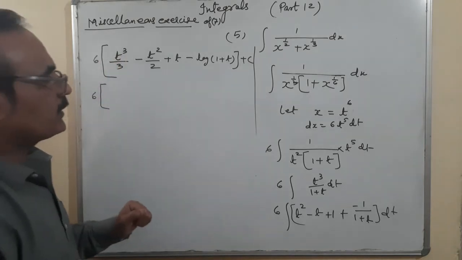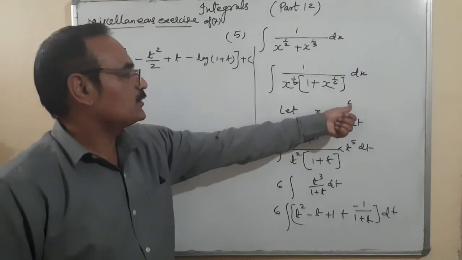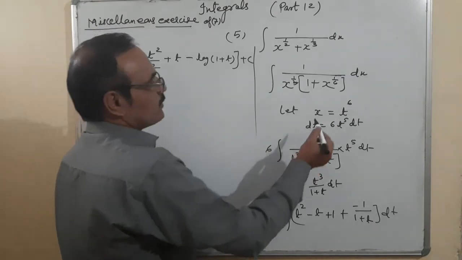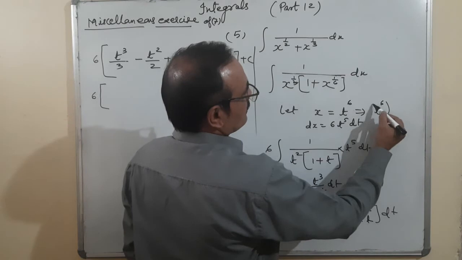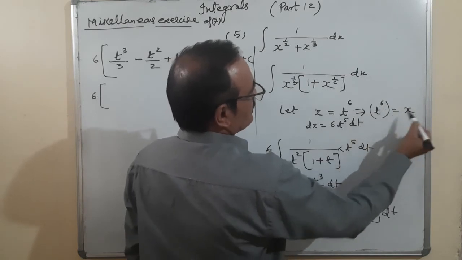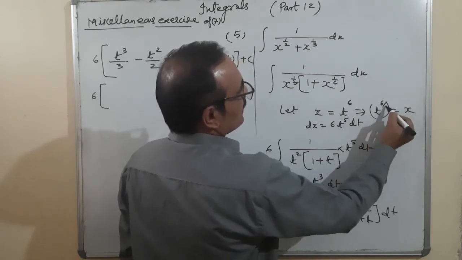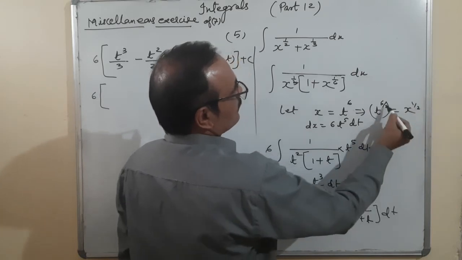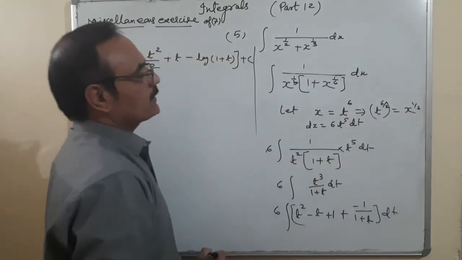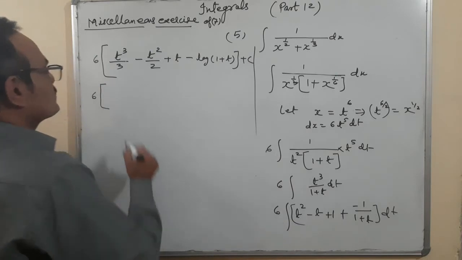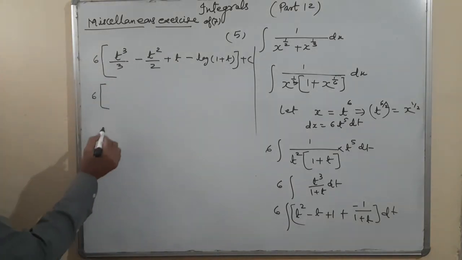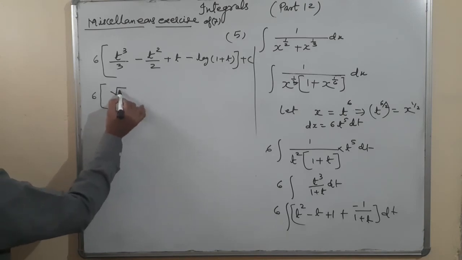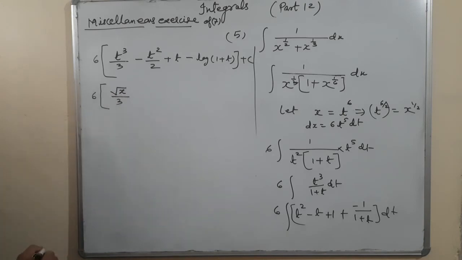What is the value of t? Because t to the power 6 is equal to x. So I want to write here, see, t to the power 6 is equal to x, t cube. So divide by 2, divide by 2. T cube is equal to under root x. Okay. So t cube is equal to root x upon 3 minus t square.